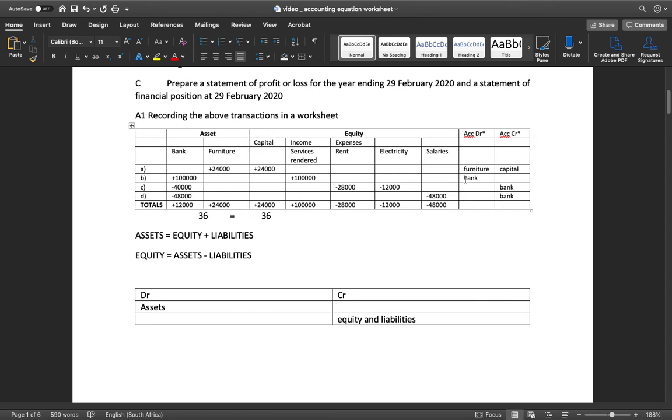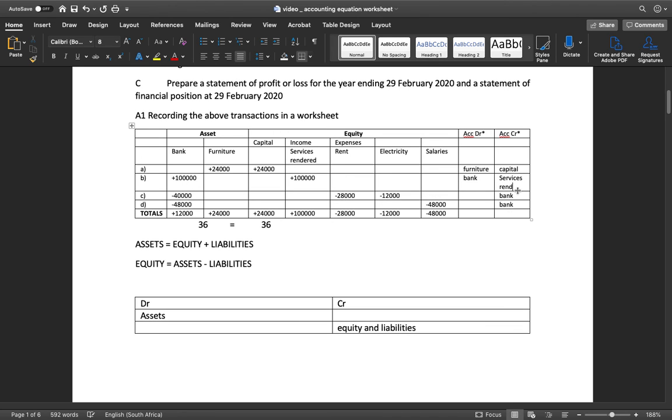So back to this one, the transaction B, the bank went up by 100,000. My income, services rendered, increased. It increased equity.